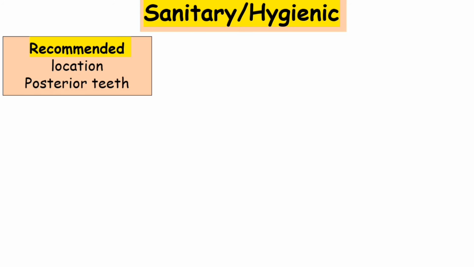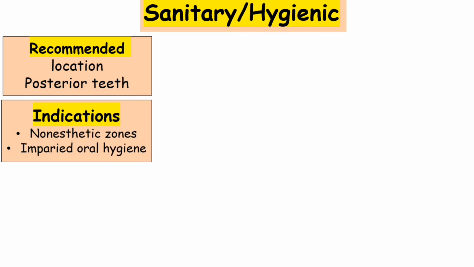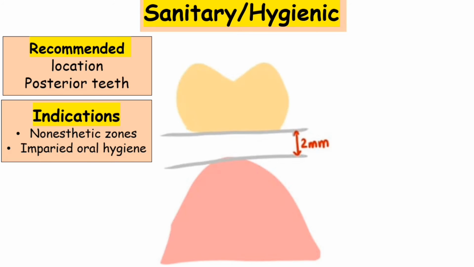First, we will talk about one type of Pontic that is not in contact with mucosa, that is sanitary. The recommended location for this type of Pontic is posterior teeth, and it is indicated where there are non-aesthetic zones, usually posterior teeth, and in case of impaired oral hygiene.